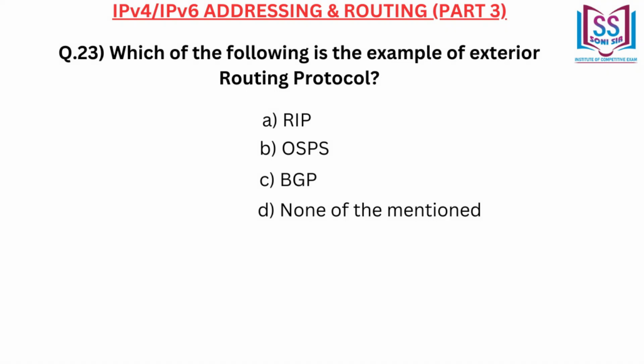Which of the following is the example of exterior routing protocol? A. RIP. B. OSPF. C. BGP. D. None of the mentioned. Correct answer C. BGP. BGP is an example of exterior routing protocol.